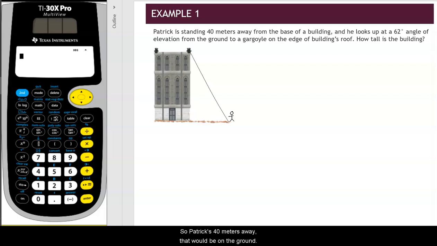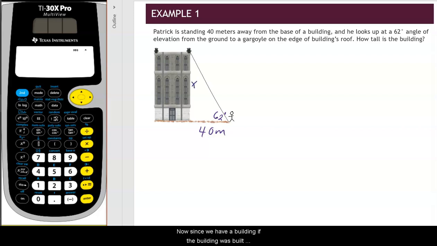So Patrick's 40 meters away, that would be on the ground, 40 meters. He looks up at a 62-degree angle of elevation, so that would be in between the ground and the line looking up. And we want to know how tall the building is. So our x would be our building's height.